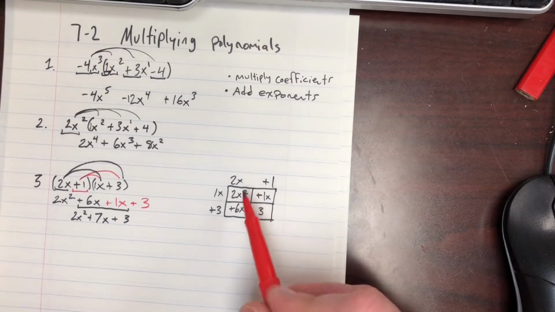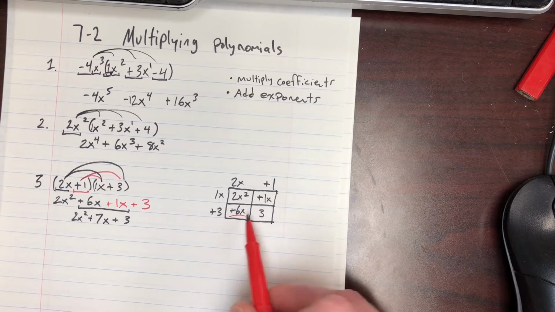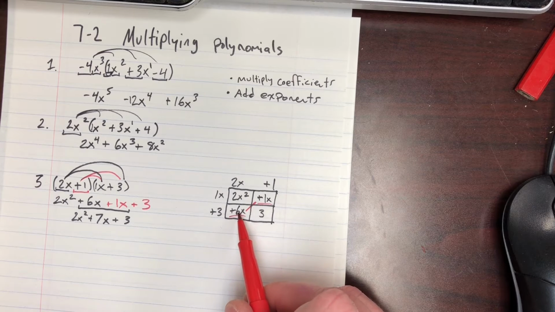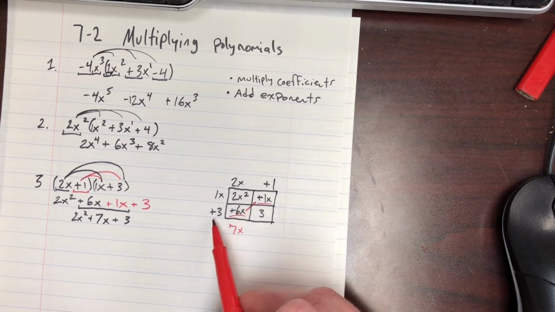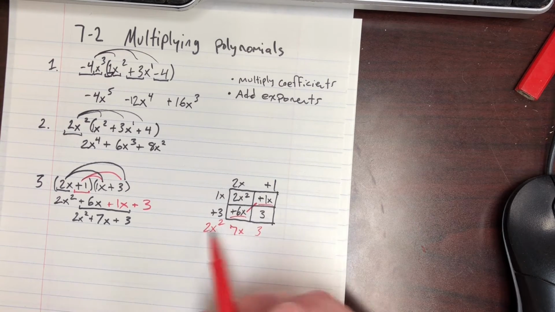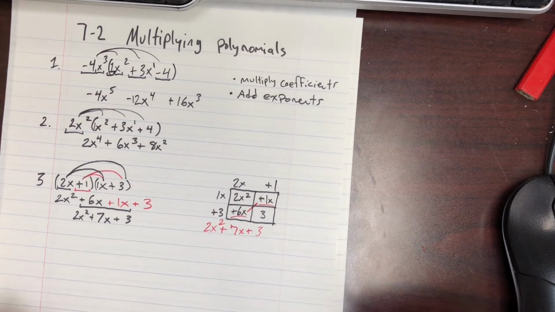So x squared is not a like term because it's got the squared, and those don't have squareds, but I do see that these two diagonally across from each other, plus 6x and plus 1x, that's 7x, okay. Then I have my 2x squared, it's just going to come down, and I have my 3 going to, oh wait, I don't have any signs in here. They're all positive, right? So I'm going to put pluses. And there we go, same answer.